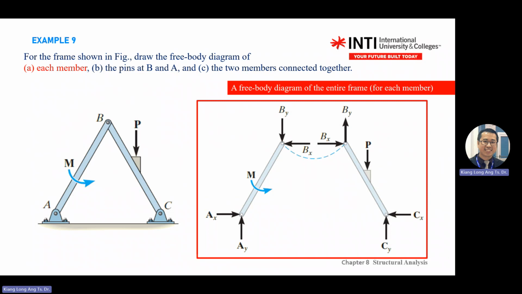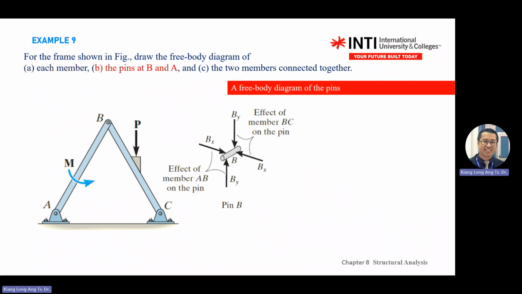So you do the same for BC, same, flip the direction. Again, don't confuse the member or component with the pin. They are two different sets. So these two are for AB. These two are for BC.